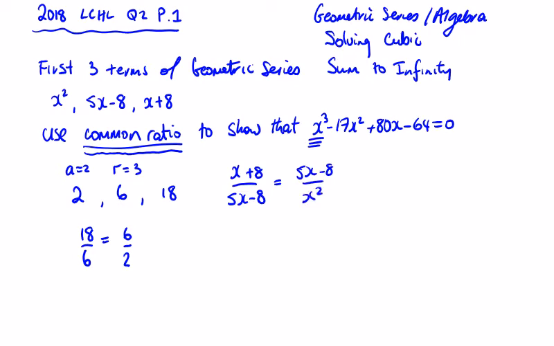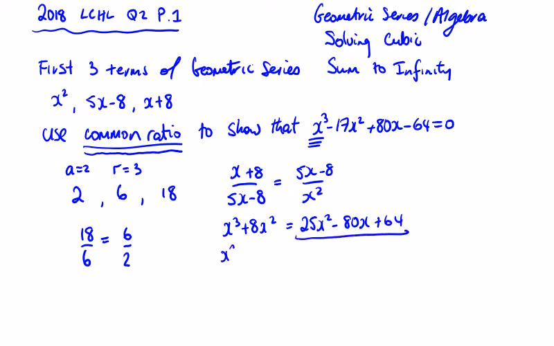And you can see that's where we're going to get the x cubed, with the x squared by the x plus 8. So x squared by x plus 8 is x cubed plus 8x squared. And that's equal to 5x minus 8 all squared, which is 25x squared, minus 40x twice, which is minus 80x, plus 64. So we bring all these terms to the left.